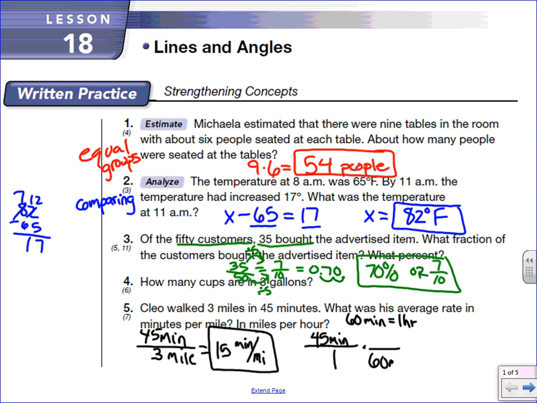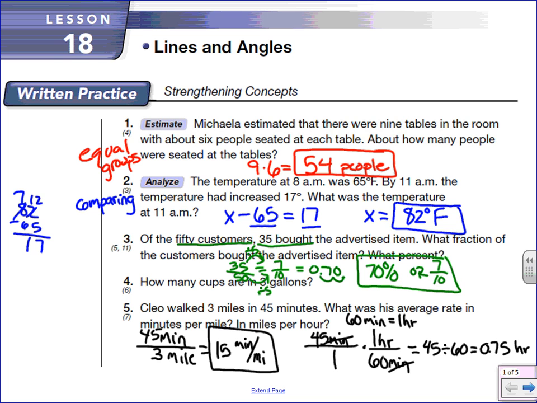So 60 minutes, 1 hour. And then 45 divided by 60 equals 0.75. So it's 3/4 of an hour. Put my units on there.